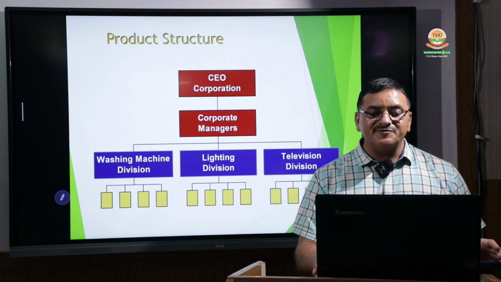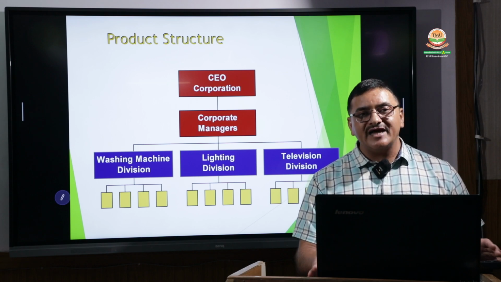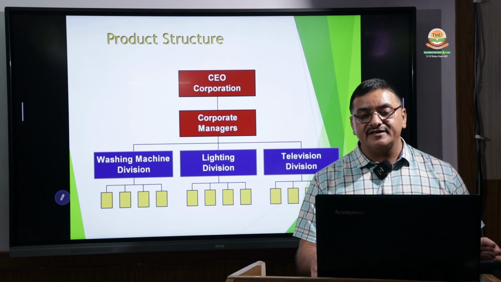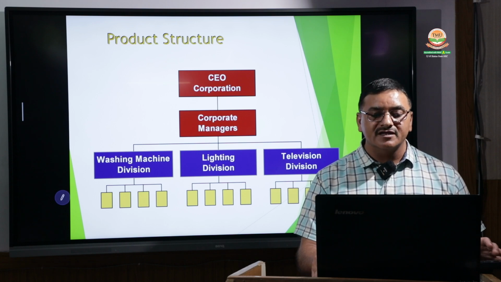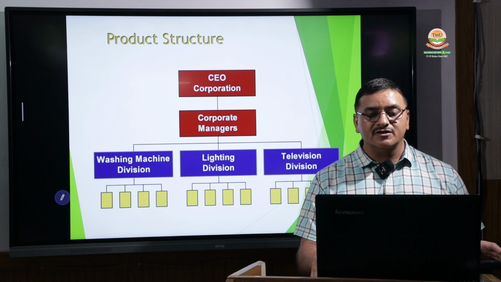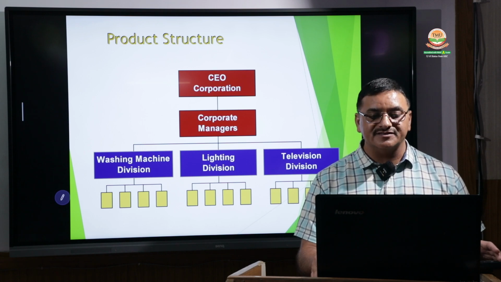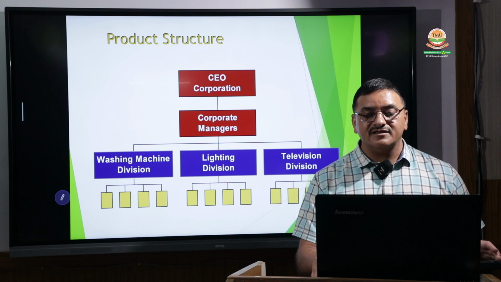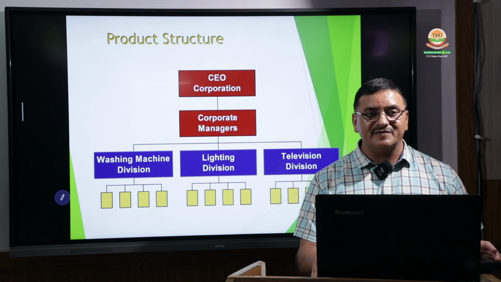In a product management organization, the marketing organization is differentiated based on different products. Each product or product group is assigned to a manager who is known as the product manager. The product manager is responsible for managing all aspects of the marketing mix of the specific product.